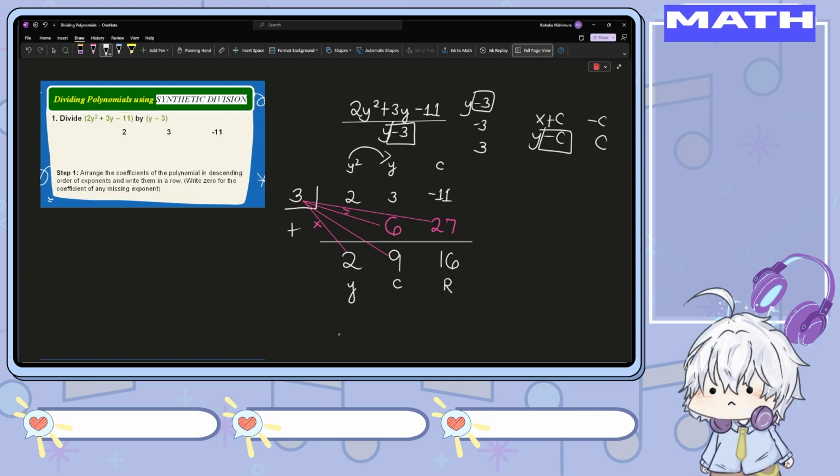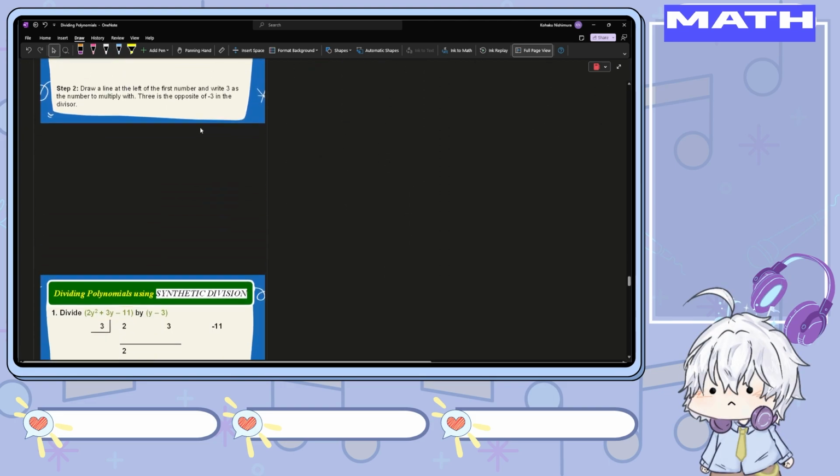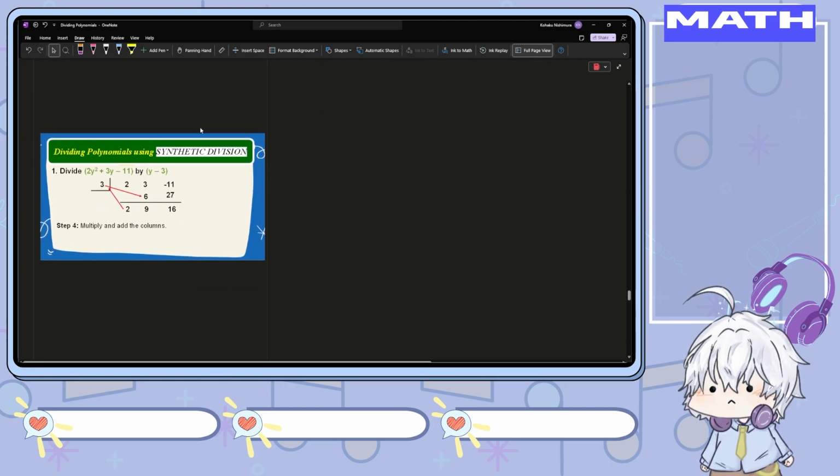If we write that back, since this corresponds to the y variable, this will become 2y, and the constant being positive 9, plus the remainder of 16 over the divisor, which is y minus 3. We confirm 2y plus 9 plus 16 over y minus 3.